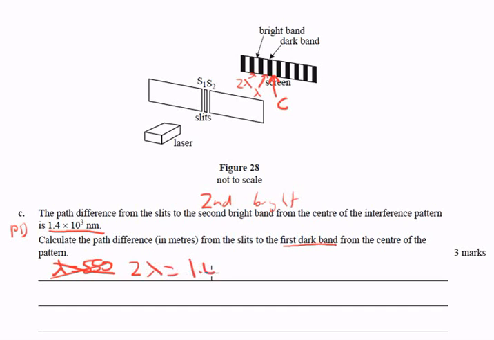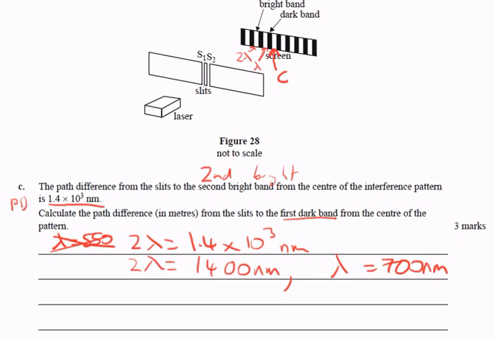So we've got 2 wavelengths equals the path difference of 1.4 by 10 to the 3 nanometers, which expands out to 1400 nanometers. So if I rearrange, I get 700 nanometers for lambda.